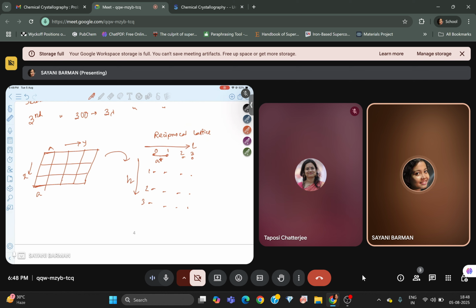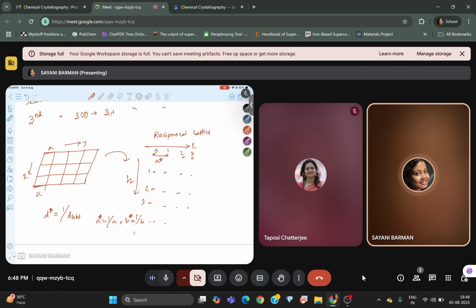From the theory, it has been proven that d star is 1 by d HKL, a star is 1 by a, b star is 1 by b, etc. So this is the difference between direct space and the reciprocal space.